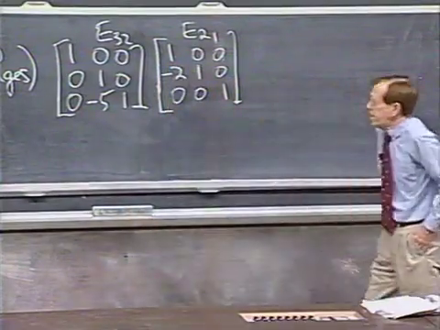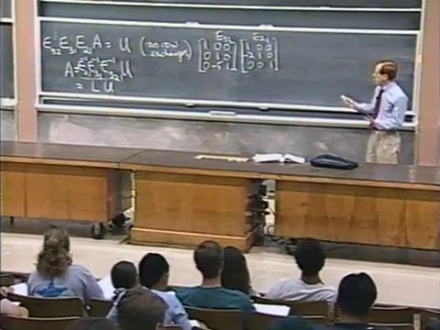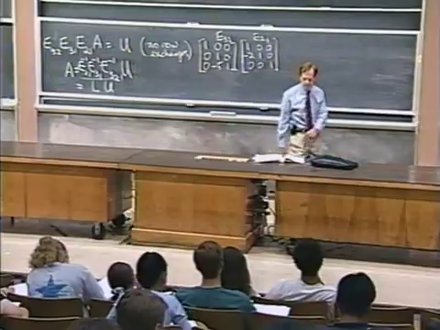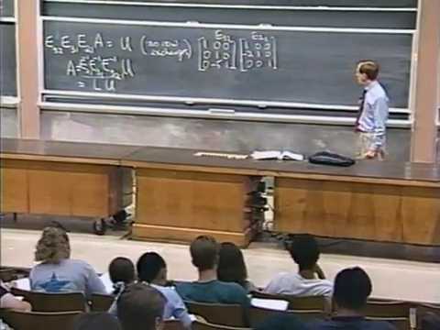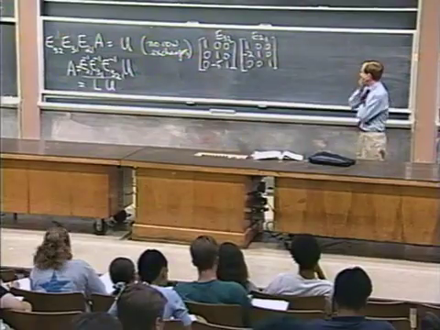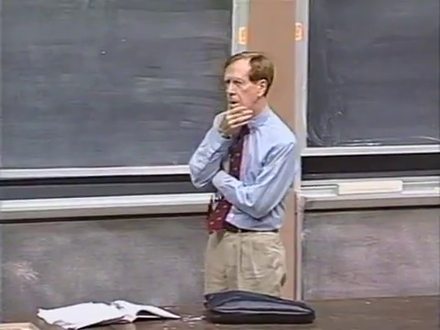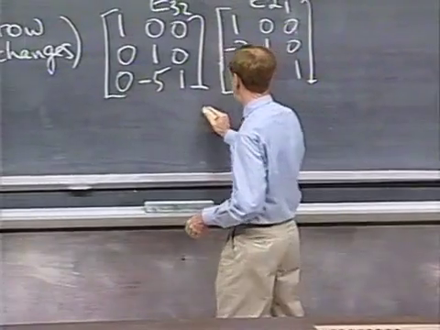Okay, there's a typical case in which we didn't need an E31. Maybe we already had a 0 in that 3,1 position. Okay. Let me see if that is going to be enough to show my point. Let me do that multiplication.